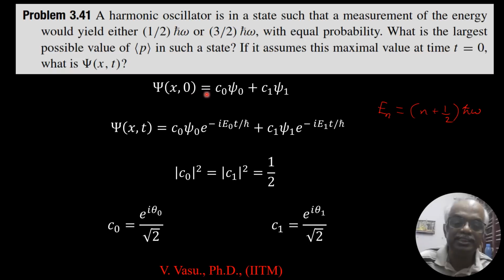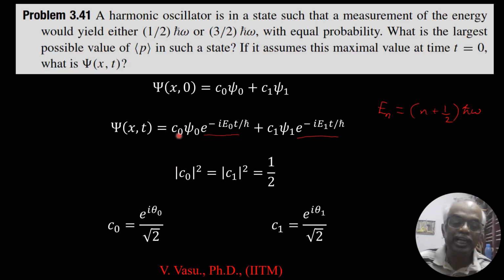So ψ(x, 0) is equal to c0 ψ0 plus c1 ψ1, where c0 and c1 are expansion coefficients. Now you have to find the time dependent wave function. So ψ(x, t) is equal to c0 ψ0 e^(−iE0 t/ħ) plus, for the second one, c1 ψ1 e^(−iE1 t/ħ).